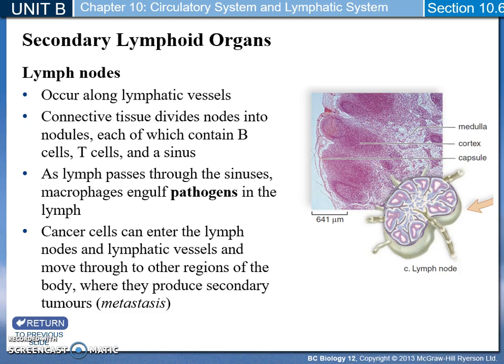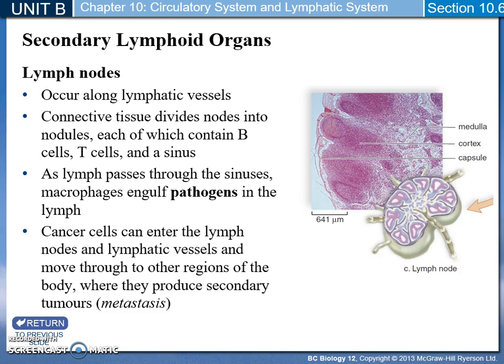So as lymph passes through the sinuses, the macrophages, and so these would be the white blood cells that can devour foreign things in the blood. They engulf these pathogens then in the lymph, and cancer cells can enter the lymph nodes and lymphatic vessels and move through to other regions of the body where they produce secondary tumors.